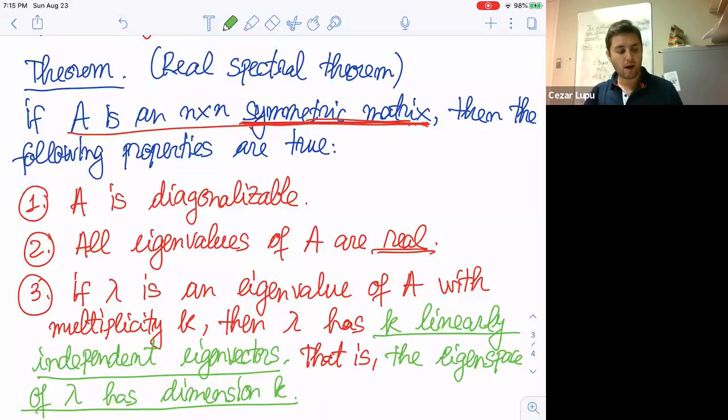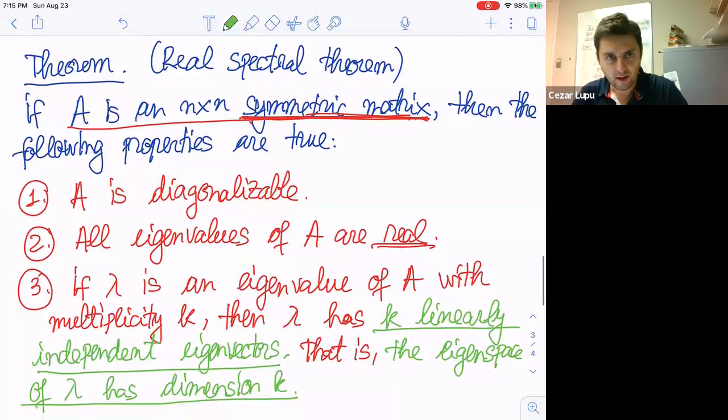And now, well, I'm not gonna prove this theorem. This is a little bit more involved. I think this can be done in a more advanced, proof-based linear algebra course.